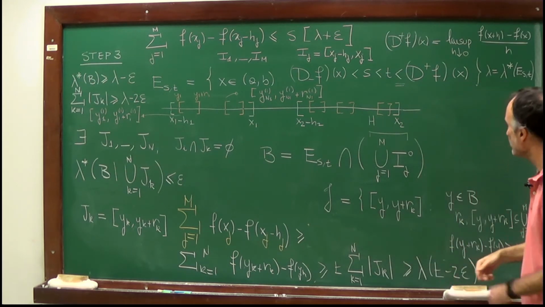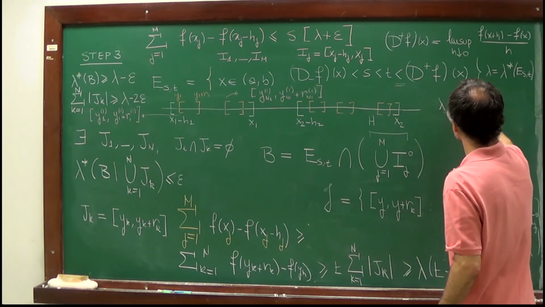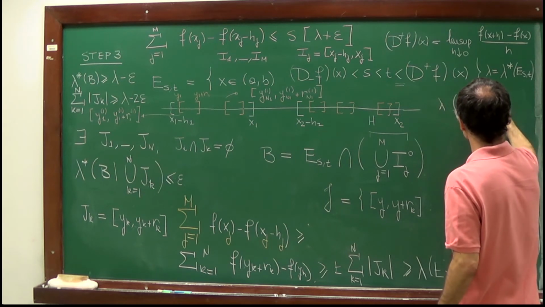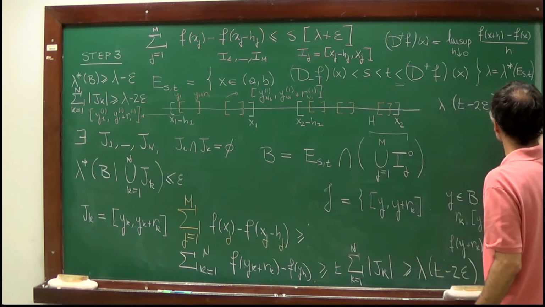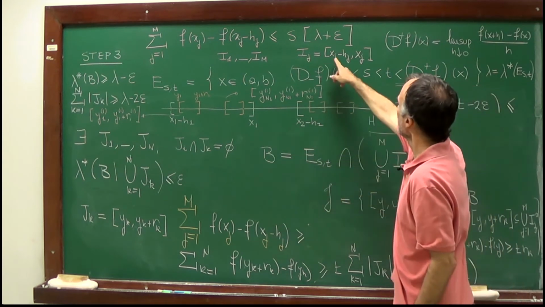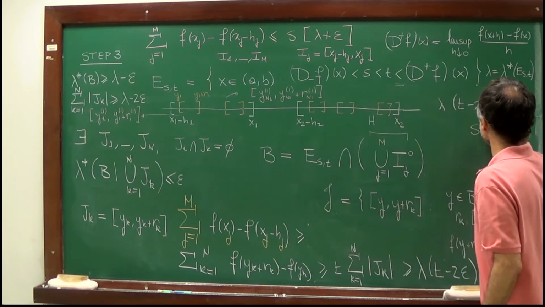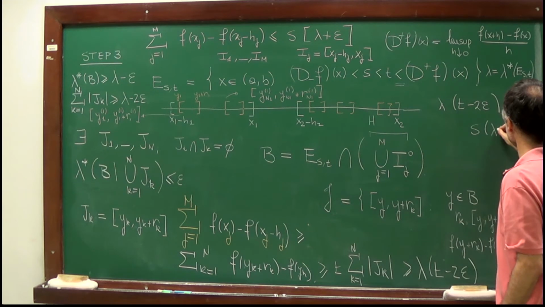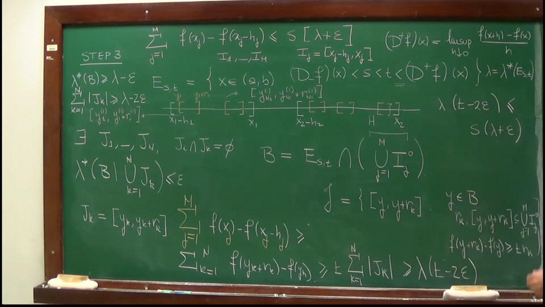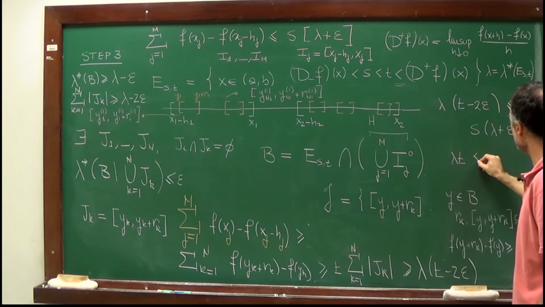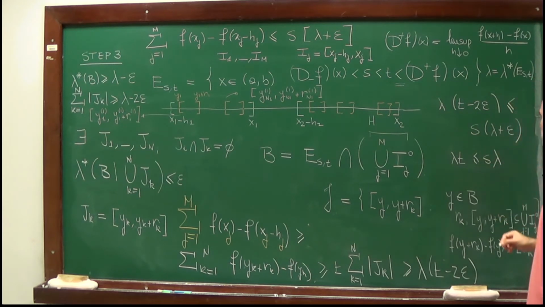The conclusion is that t times lambda minus 2 epsilon is less than or equal to s times lambda plus epsilon, right? And this holds for any epsilon. Epsilon was a fixed parameter that we imposed at the beginning of the proof. So we can let epsilon go to 0 to conclude that lambda times t is smaller than s times lambda.